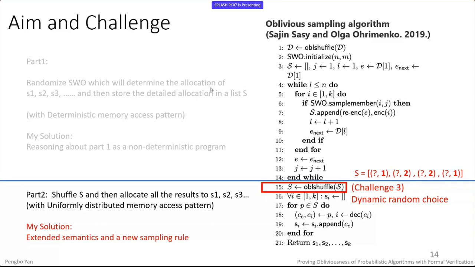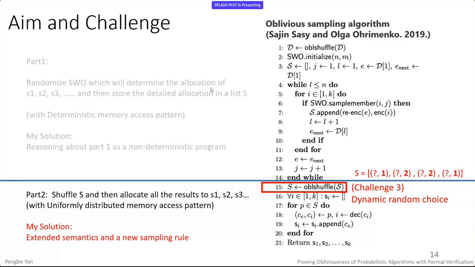Because if you look at PSL, you will find that they restrict the loop condition to include only deterministic variables. PSL distinguishes deterministic variables and probabilistic variables.